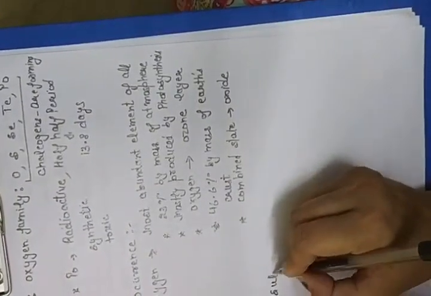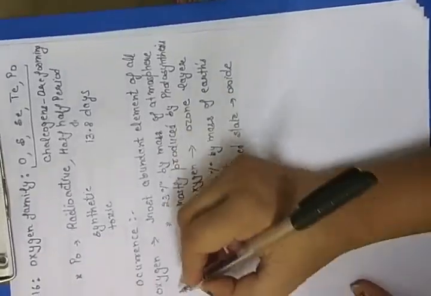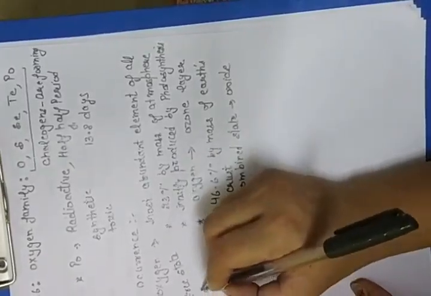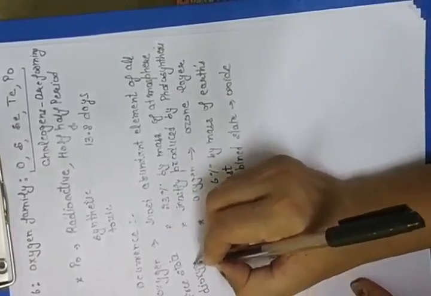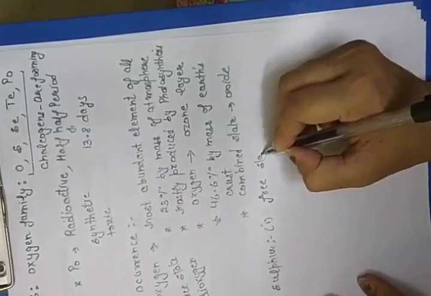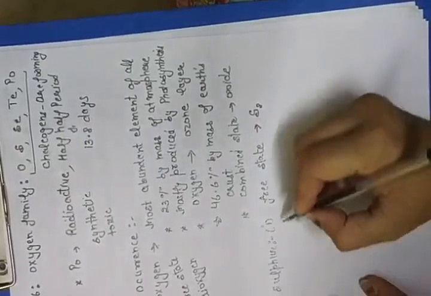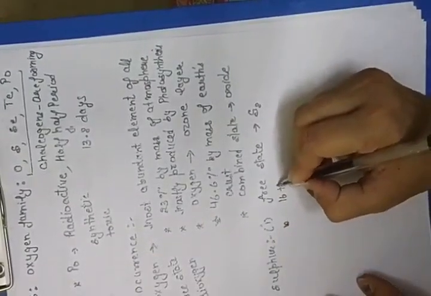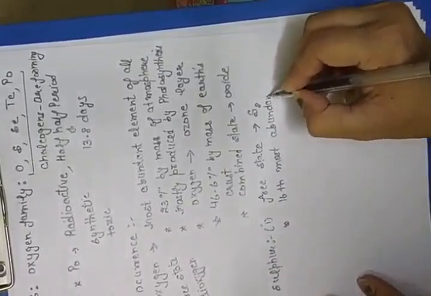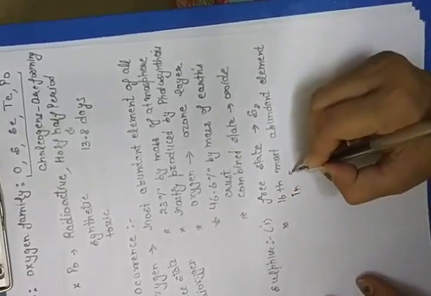Next one is sulfur. Its free state is not diatomic like dioxygen; in free state it is present as S8. It is the 16th most abundant element in the earth's crust.